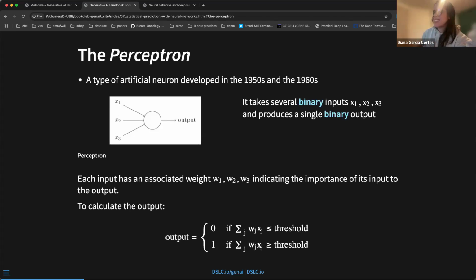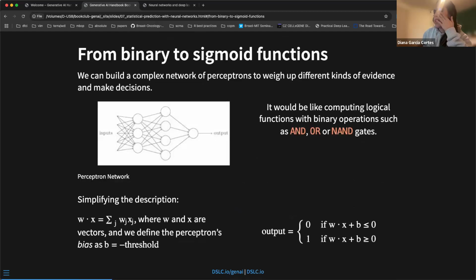So they could help us make some decisions, and we could actually implement networks in that way.